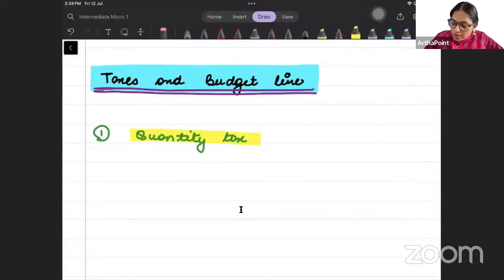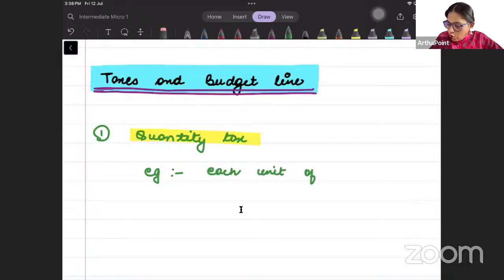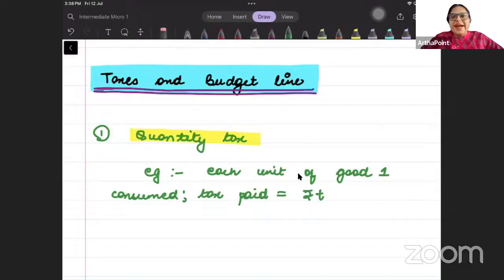समझो बेटा. Suppose, for example, I tell you that for each unit of good one consumed, tax paid is T rupees. तो इसका क्या मतलब है?